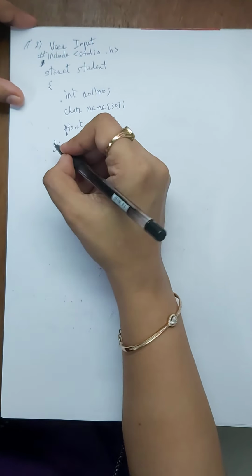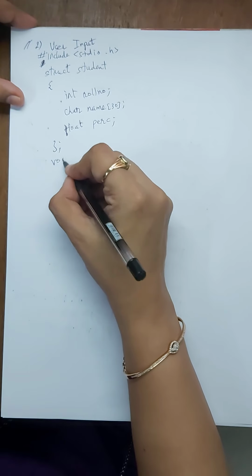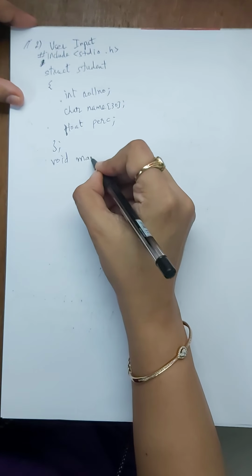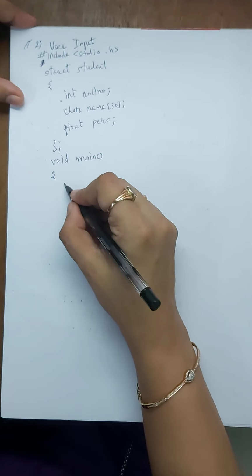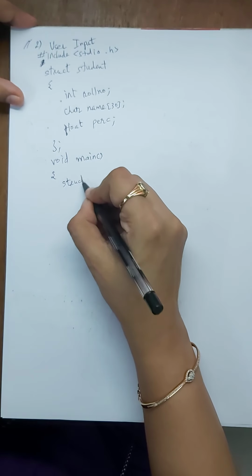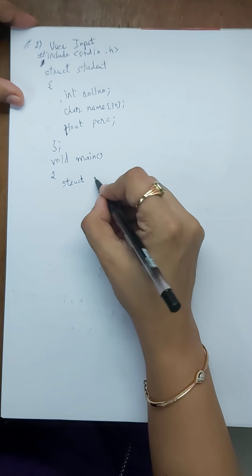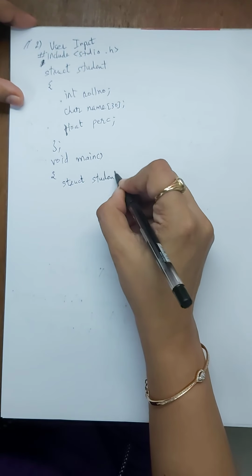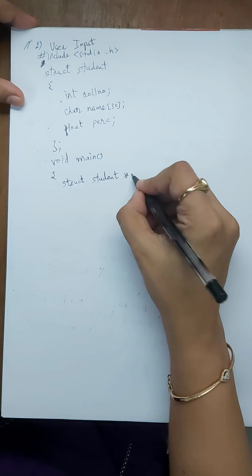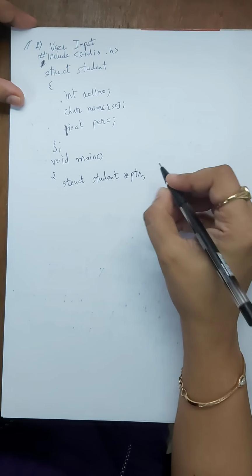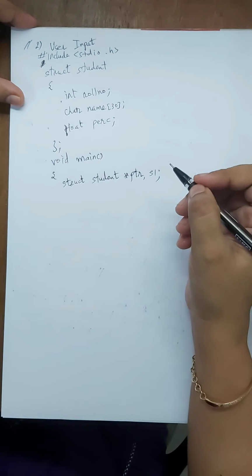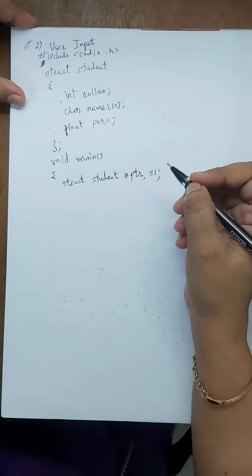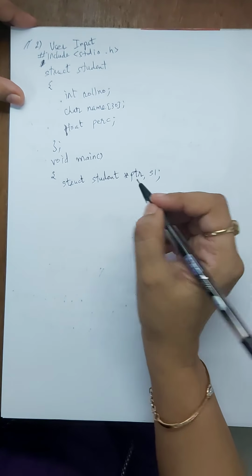Now we'll write the main method, void main, and define the structure variable, that is struct student, and we'll take the pointer variable ptr, and then s1 for the student. But this time we'll ask the user to enter the value.